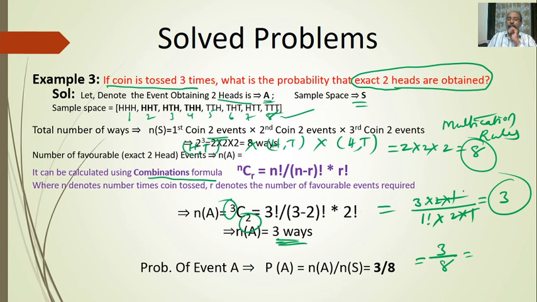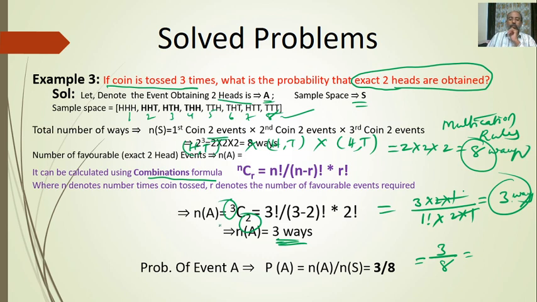In the numerator 3 factorial, 3 into 2 into 1, denominator 3 minus 2 factorial is equal to 1 factorial into 2 factorial, 2 into 1. So 2 into 1, 2 into 1 cancelled, striked off. Then left over is 3 by 1. 3 by 1 is nothing other than 3 ways.